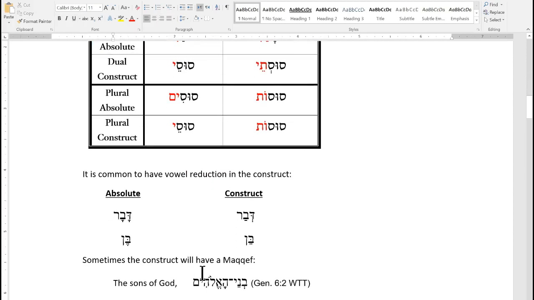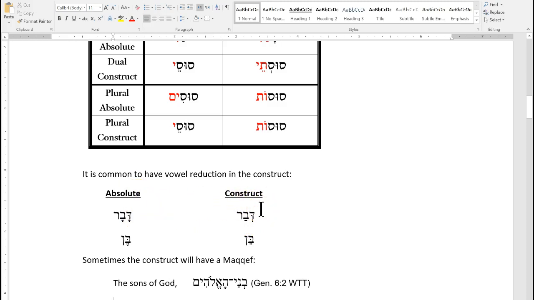But notice that a more common way to do the construct rather than have the word same is you'll have some kind of reduction. So davar, word. This is word of blank. So in here you have Bane and then Ben, and then Bane. So you do have vowel changes in the absolute to the construct sometimes.